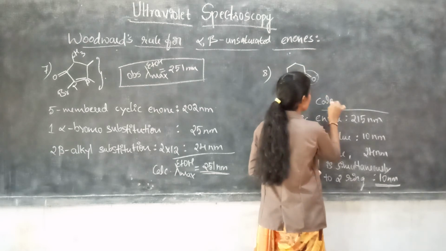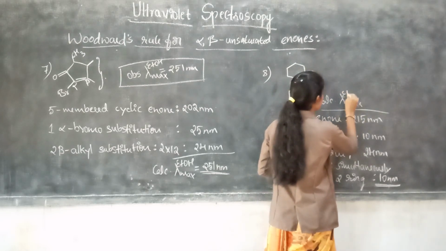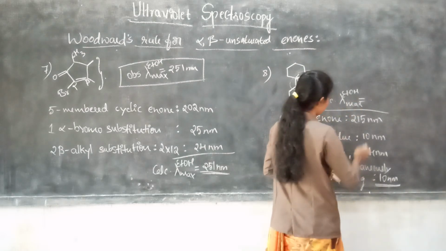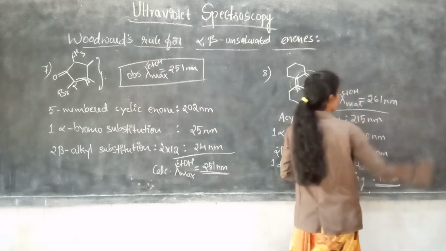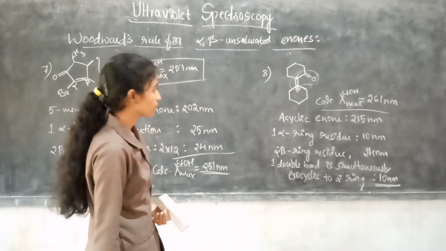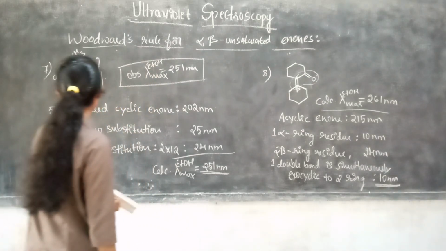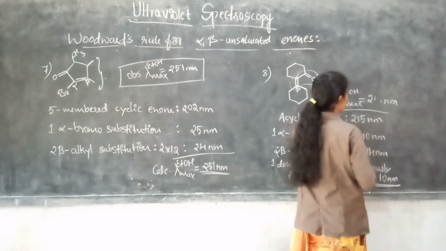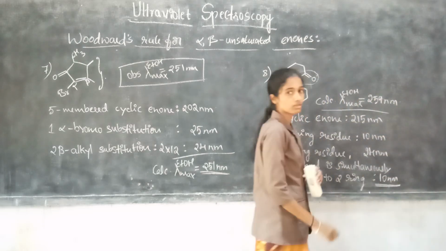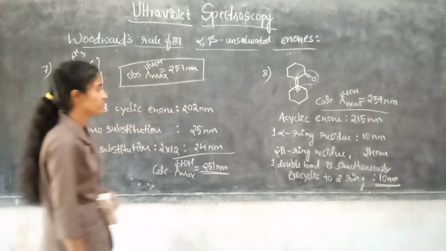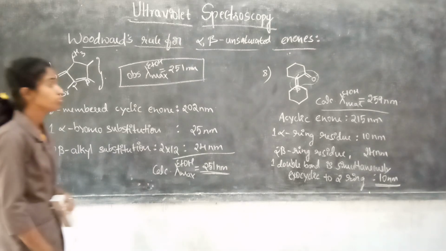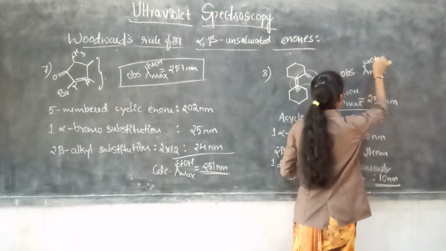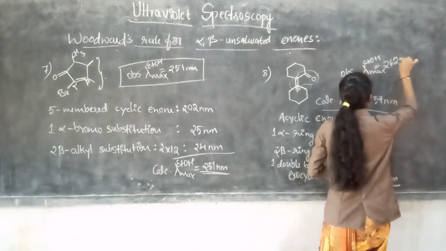Here the calculated absorption maxima in ethanol medium is 259 nanometer, whereas the observed lambda max in ethanol medium is 262 nanometer.